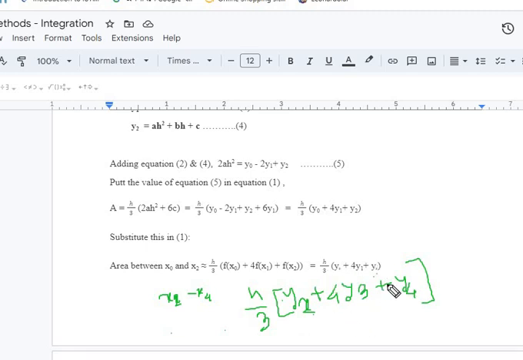So if you add all those for x0 to x4, I am just considering x0 to x4, this is h by 3. Inside the bracket, this will be y0 plus 4 of y1, plus y2. How many times is y2 repeating? This is 2 times.